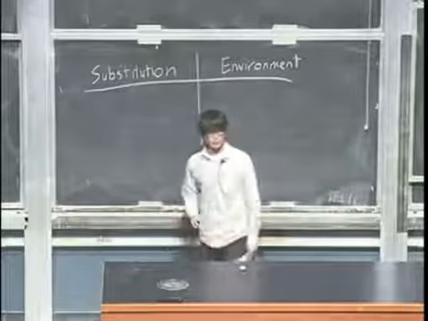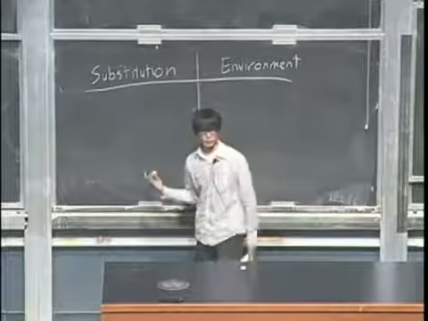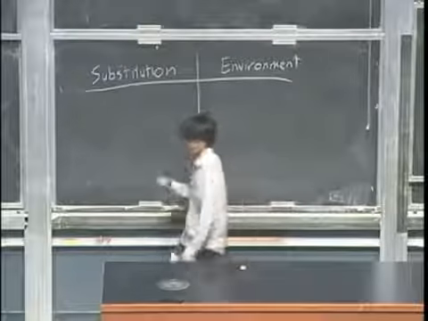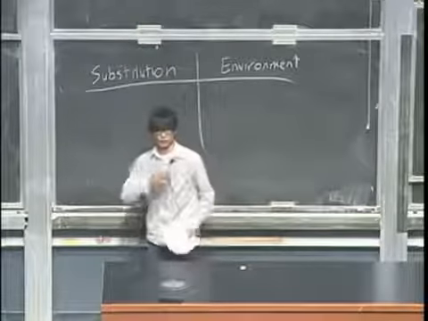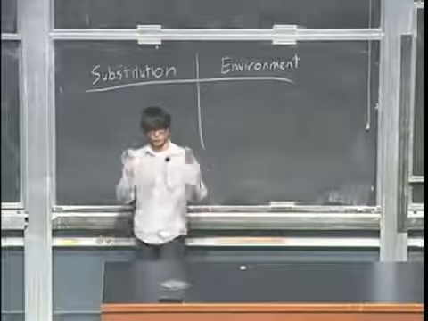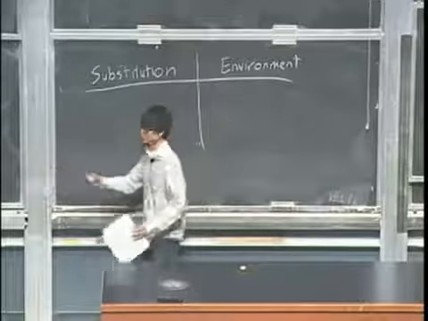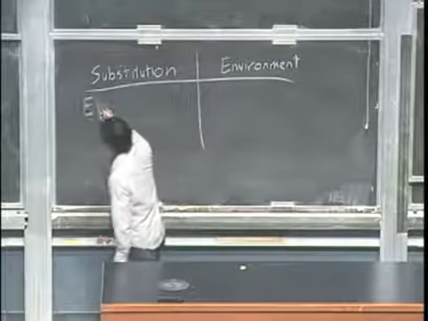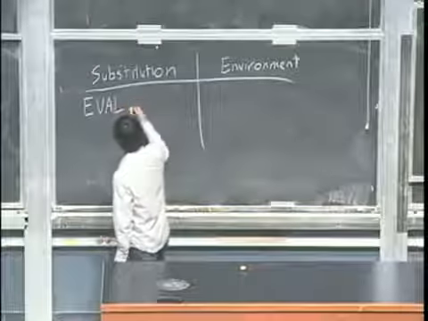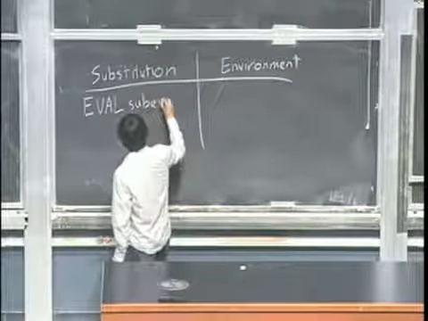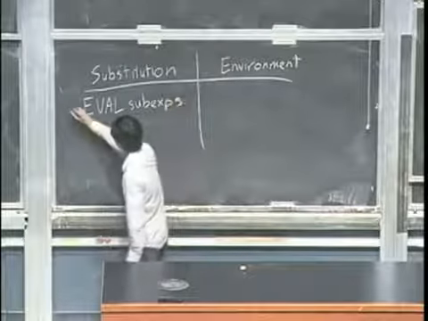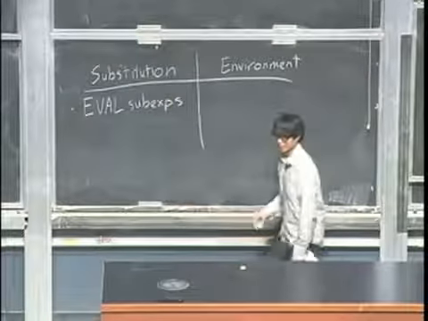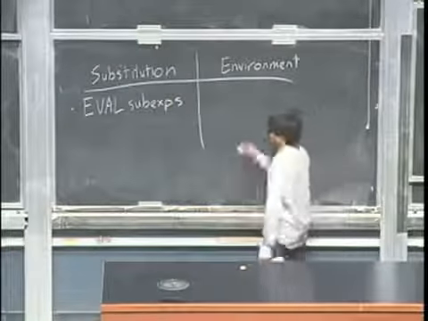So in the substitution model, when we're doing a procedure invocation, we first have to evaluate all of the sub-expressions. So it's like evaluate the operator and evaluate the arguments. And as Brian said, this is still true in the environment model.